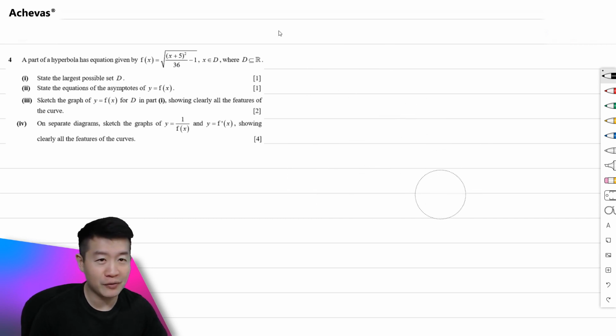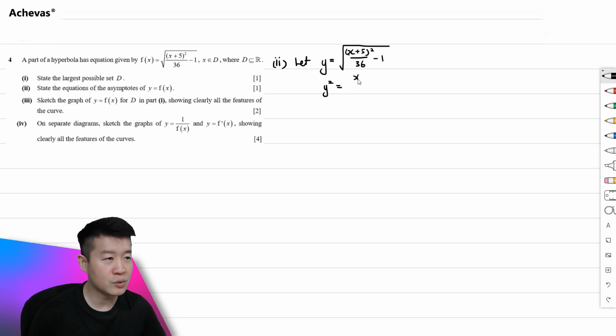Let's just put in a little bit of effort to come up with the equation of the hyperbola by letting, for example, y be equal to this. So square root of (x plus 5) squared divided by 36, minus 1. Squaring both sides, y squared is equal to (x plus 5) squared over 36 minus 1.